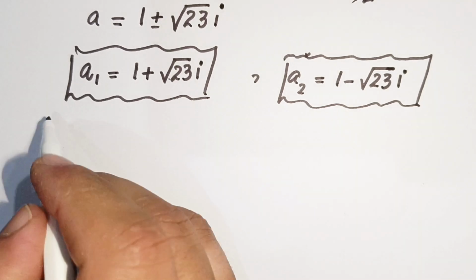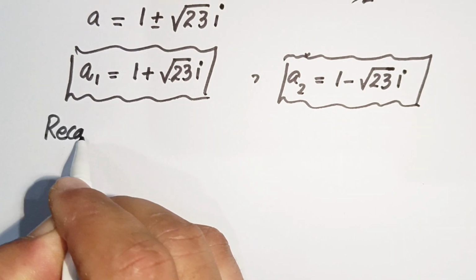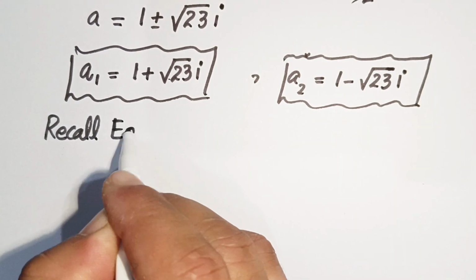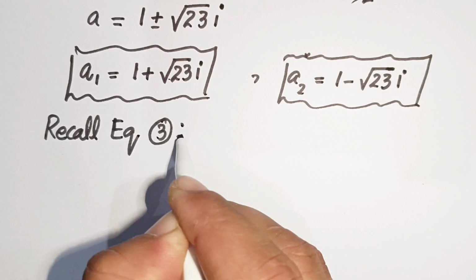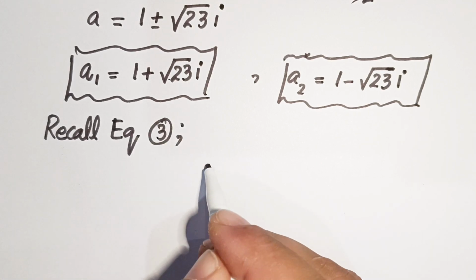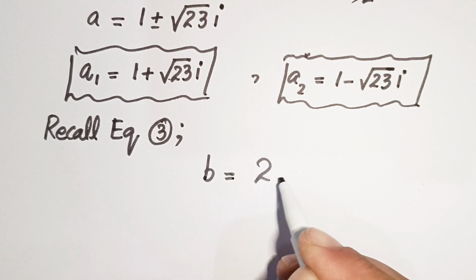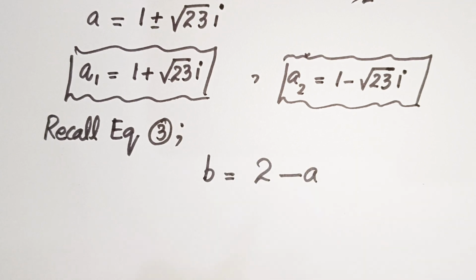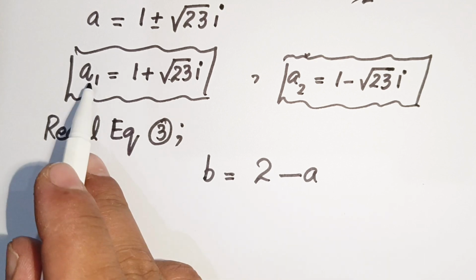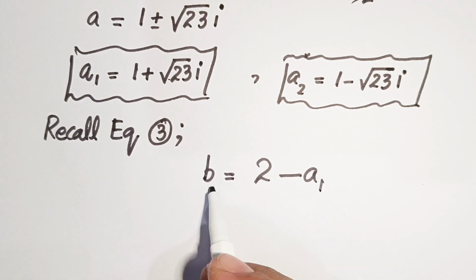So recall equation 3 here. Then we have b is equal to 2 minus a. Now here if we just put the value of a1, then it will be b1.